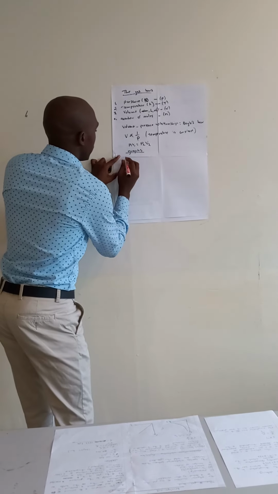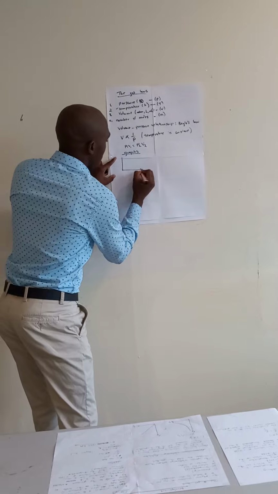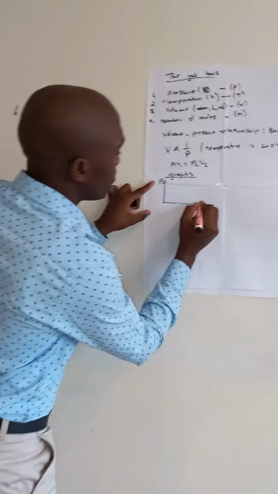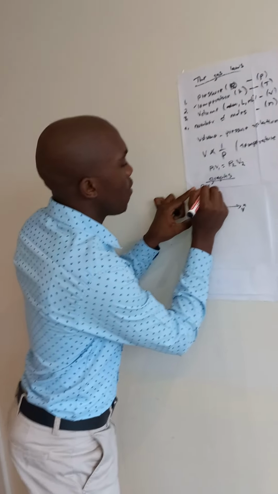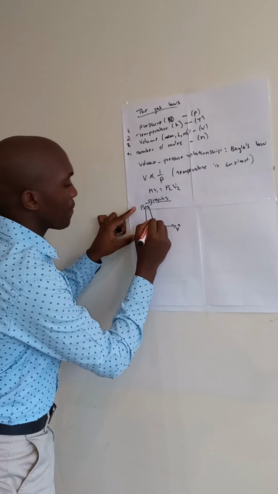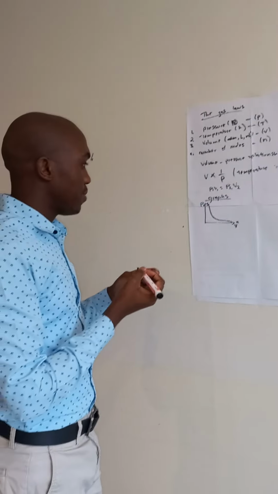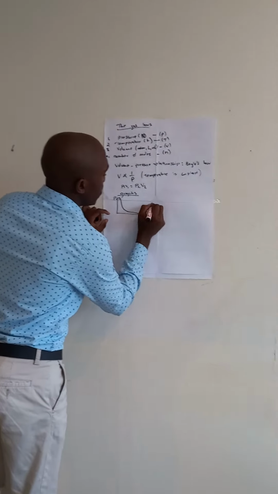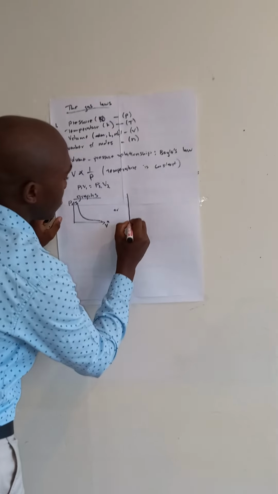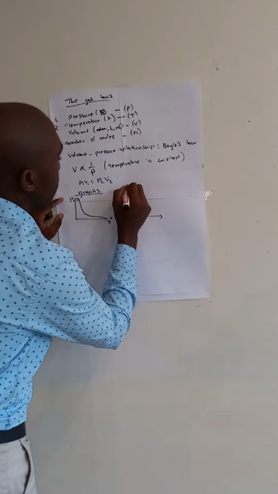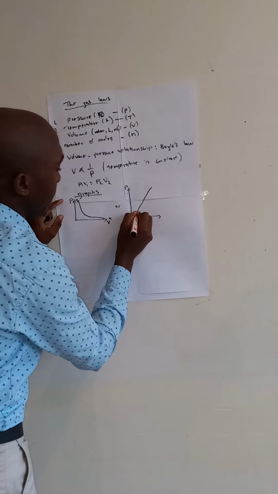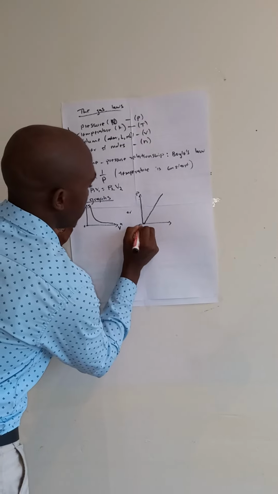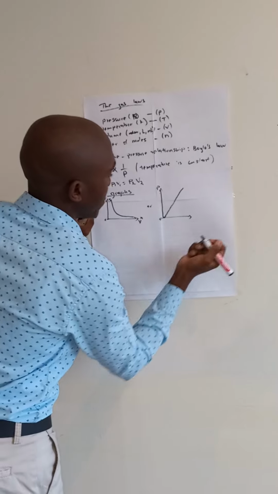Now, when plotting a graph, you will have your pressure and your volume on the x and y axes, and then we'll have this type of relationship. That is, pressure is inversely proportional to the volume. Or, if you like, you can write it like this. We'll have your pressure and then a straight line from 0.